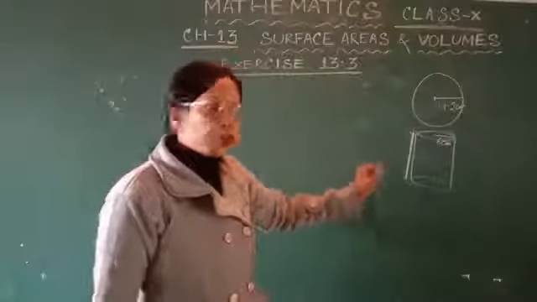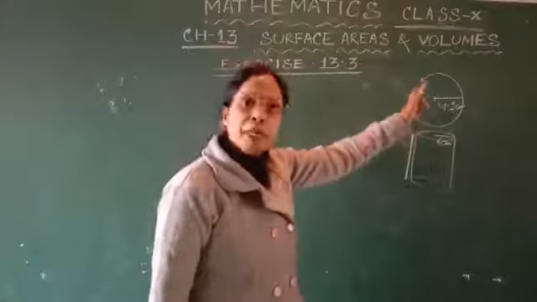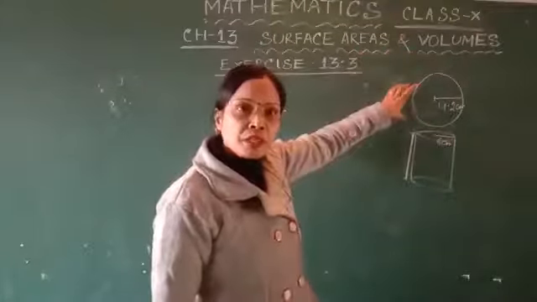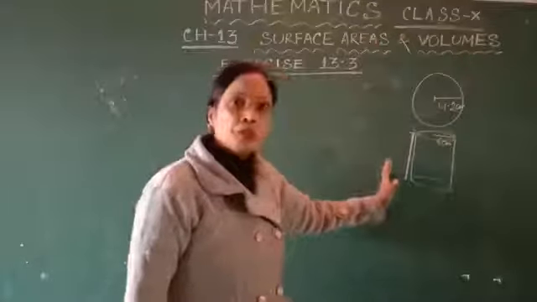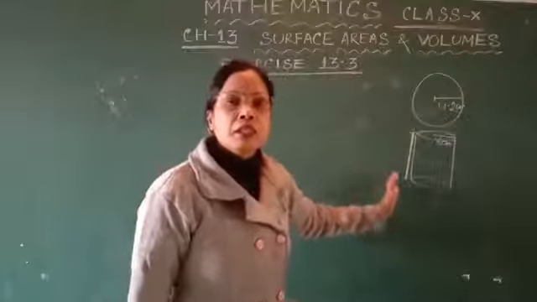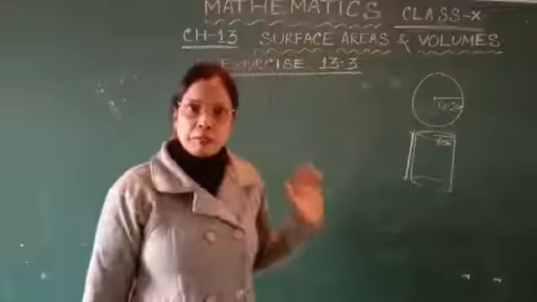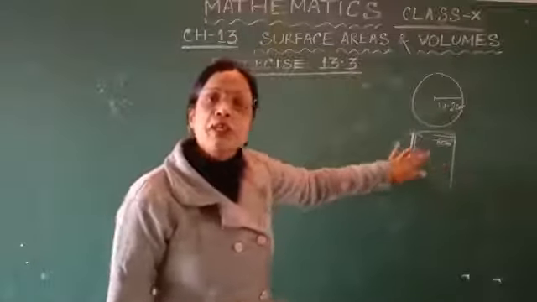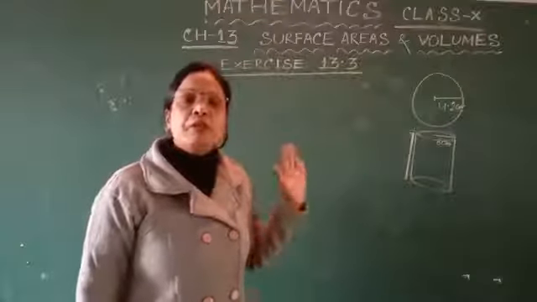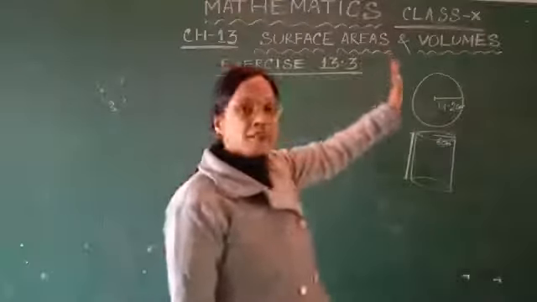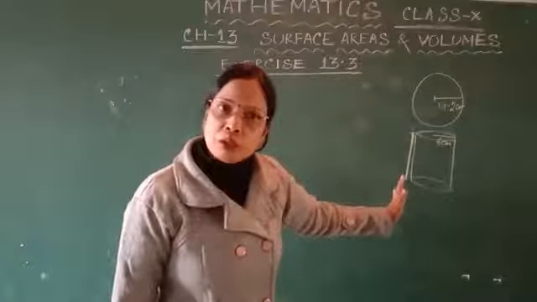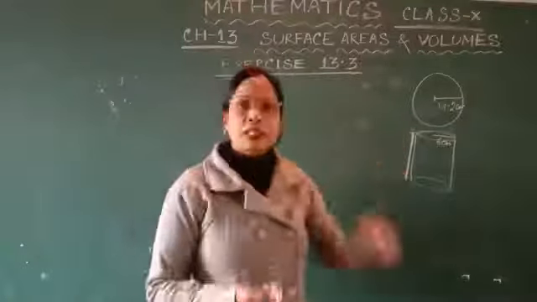Because the sphere is melted, the volume of the sphere is equal to the volume of the new cylinder shape. According to our question, the volume of the sphere is equal to the volume of the cylinder. Then you can find the height of this cylinder.